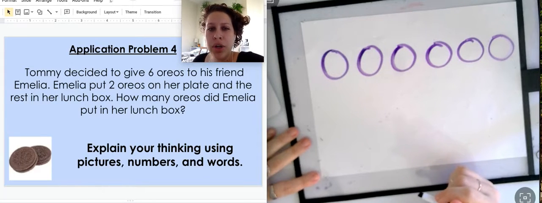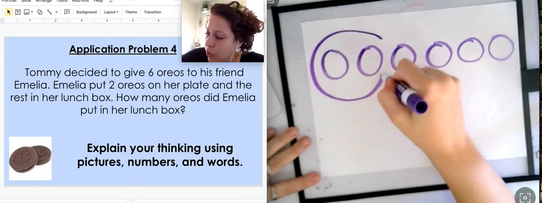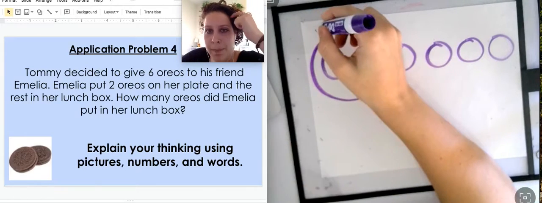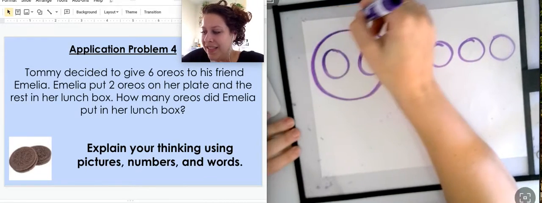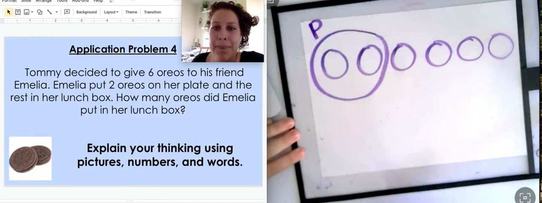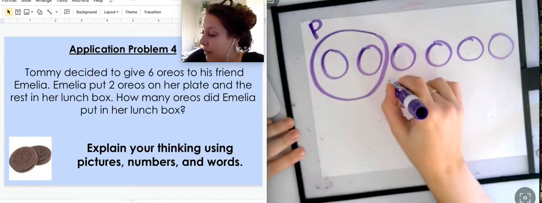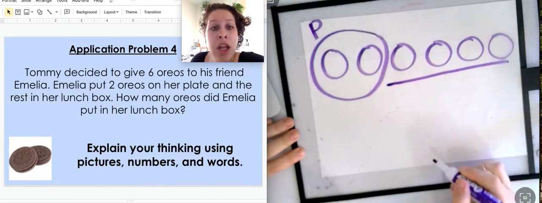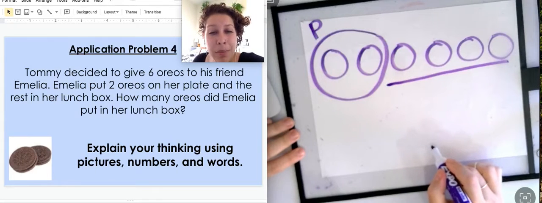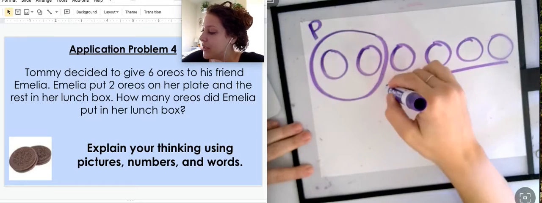Amelia put 2 Oreos on her plate. So I'm going to circle 2 Oreos and I'm going to remind myself that this is her plate. So I'm going to put a P, plate. The rest of them went into her lunchbox. How many Oreos did Amelia put in her lunchbox?